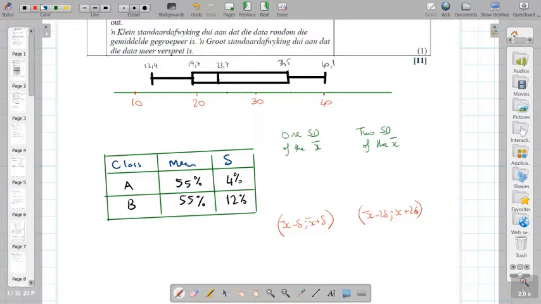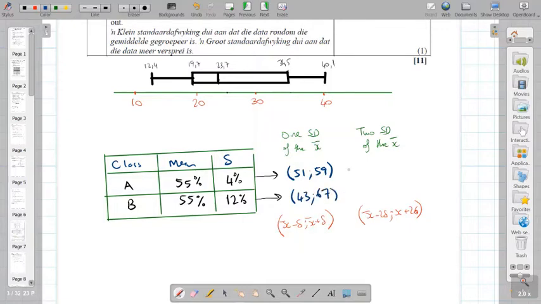So what will be the answers in the first and second examples that we had, class A and class B? Let's write down 55 minus 4, that's 51%, and then 55 plus 4 is 59%. And in the second one, 55 minus 12 is 43, and if you add, it is 67%.